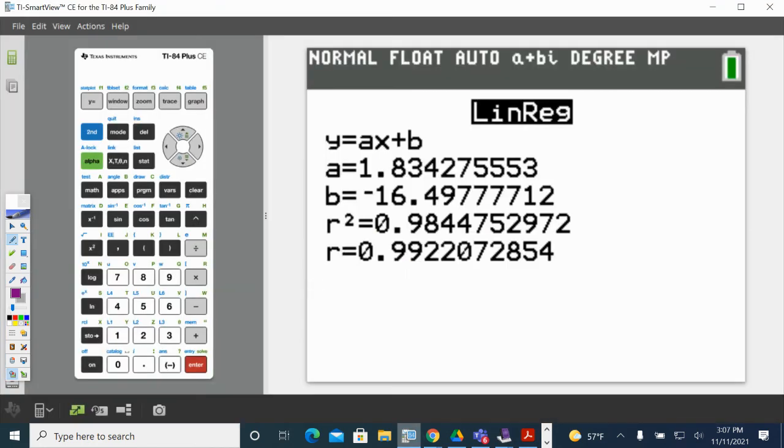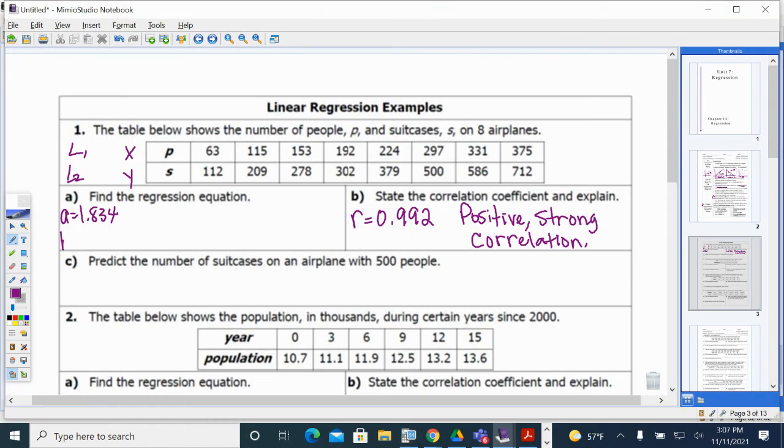The B equals negative 16.498. And again, your equation was y equals ax plus b. So we're just going to plug that in. Y equals 1.834x minus 16.498. So there's the equation.